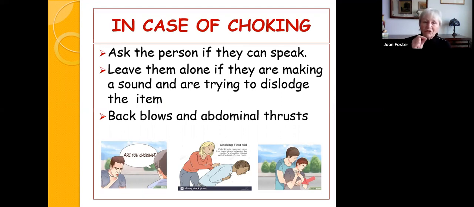So the first thing you do is you say, are you okay? Try and get the person to speak. There is no way that you can speak if there's no air moving, because the air goes through our vocal cords to help us speak.